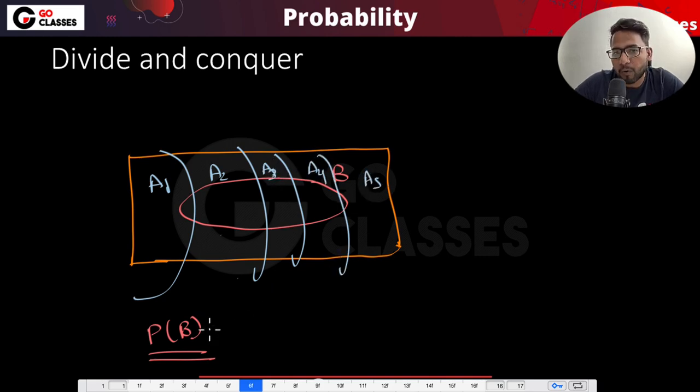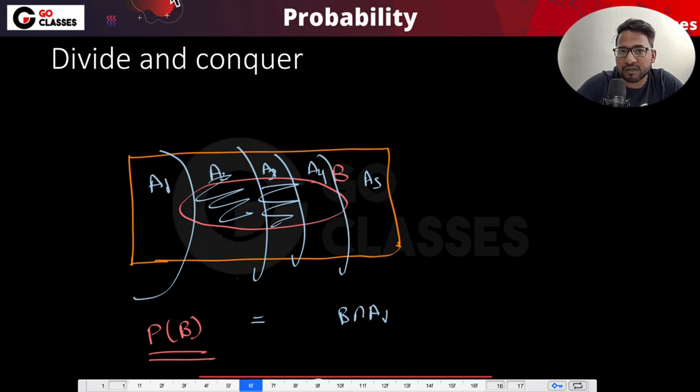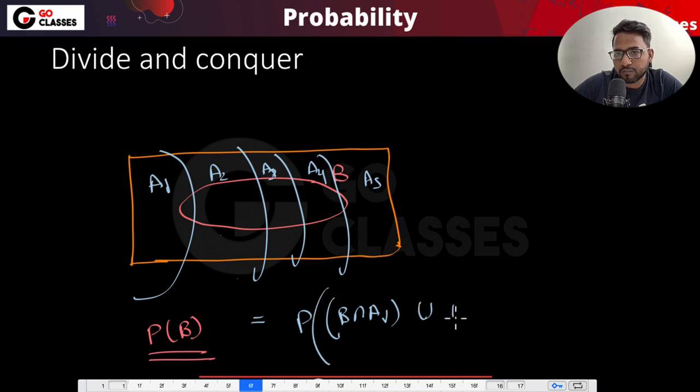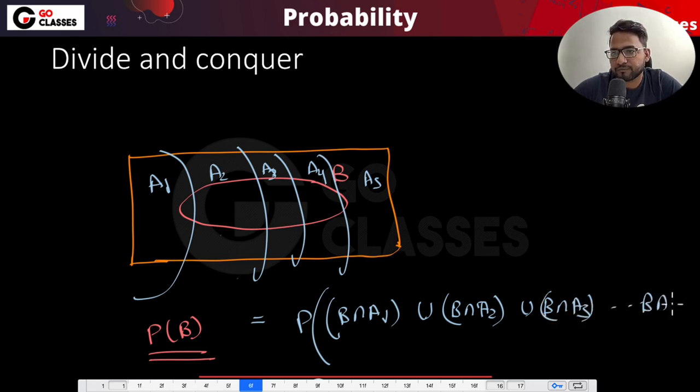So can I write this B as B intersection A1, which means this portion, B intersection A2, which means this portion, intersection A3, this portion, this portion, this portion? So can I say probability of B intersection A1, union B intersection A2, union B intersection A3, up to B intersection A5?